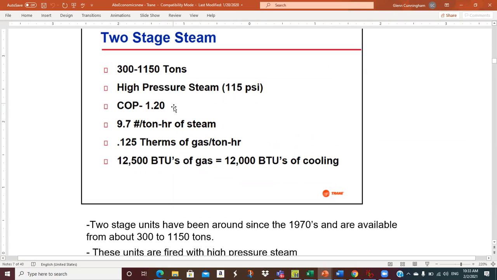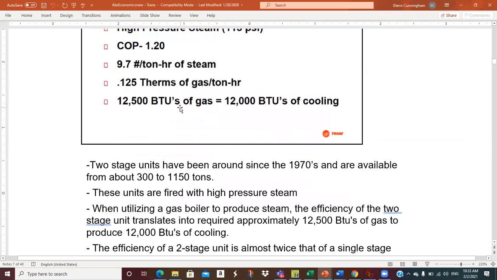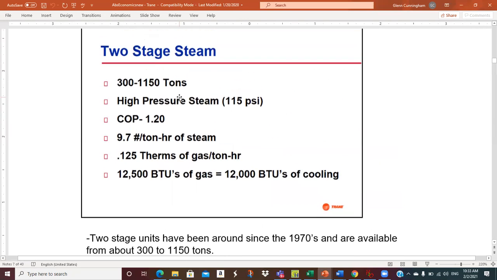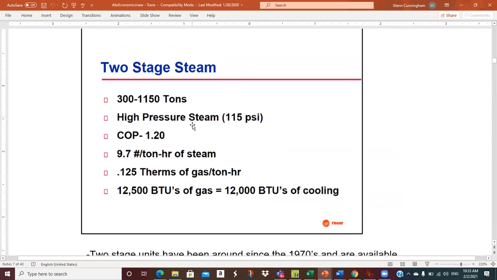So here COP is 1.2. Now let's see, we're assuming the gas boiler. I think the efficiency on this one, I worked out as 80 percent. We can check it.